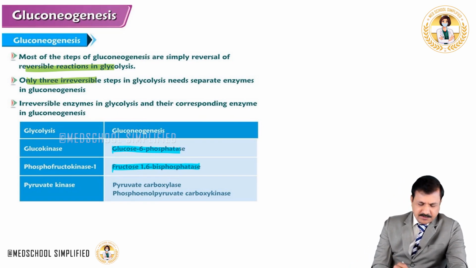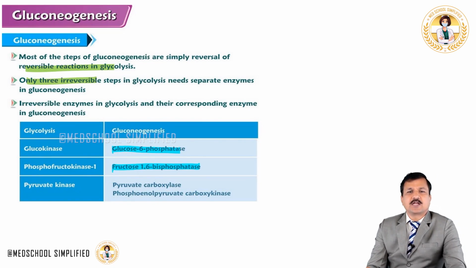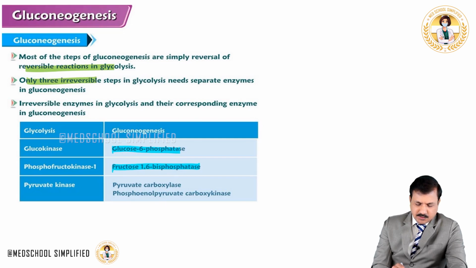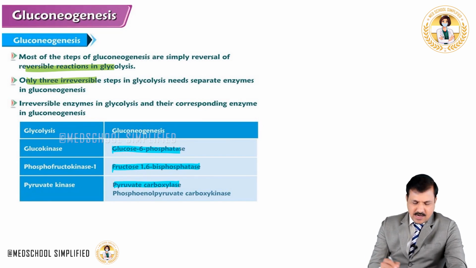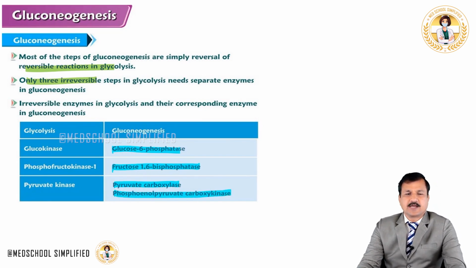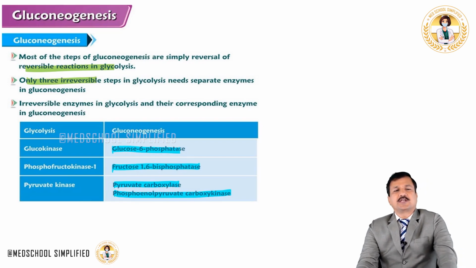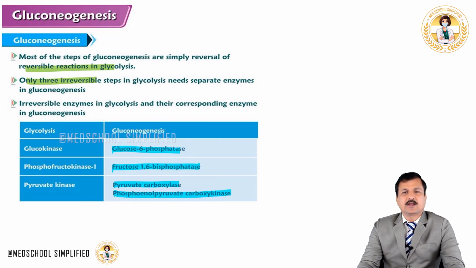The third irreversible reaction in glycolysis is done by pyruvate kinase, and the corresponding enzymes to reverse the reaction are pyruvate carboxylase and phosphoenolpyruvate carboxykinase. So the first irreversible reaction in glycolysis is glucokinase, the second is phosphofructokinase 1, and the third is pyruvate kinase.